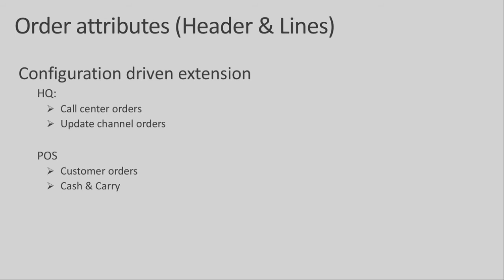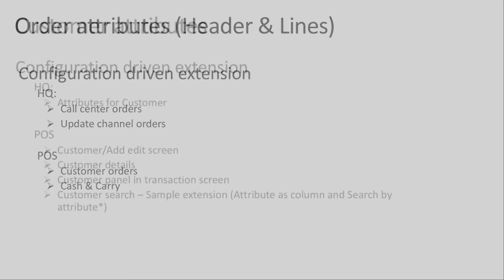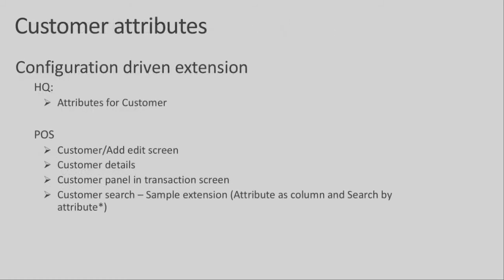Another important good thing with the attribute is that for the customer master also, it shows up automatically in the customer edit screen. Also in the customer details we added a section. Similarly in the customer panel in the transaction screen. So now everything can show these attributes automatically.